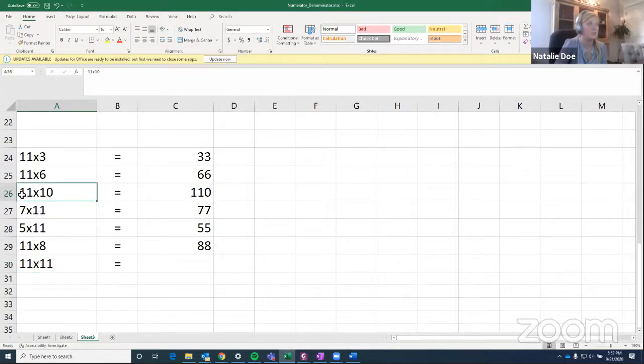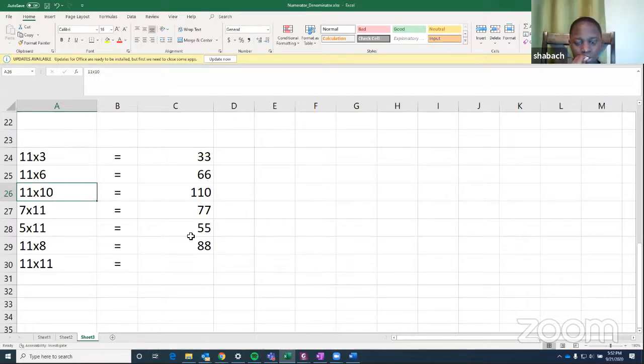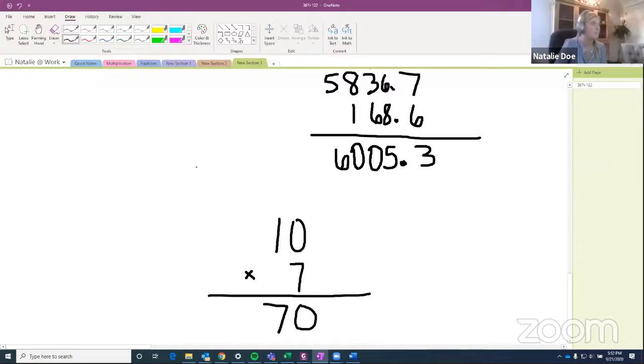So that's just 11 times 10 plus another 11, right? So if we don't know what 11 times 11 is, one way we can check ourselves is, okay, let's do 11 times 10, and then I'll add one more 11 to it.